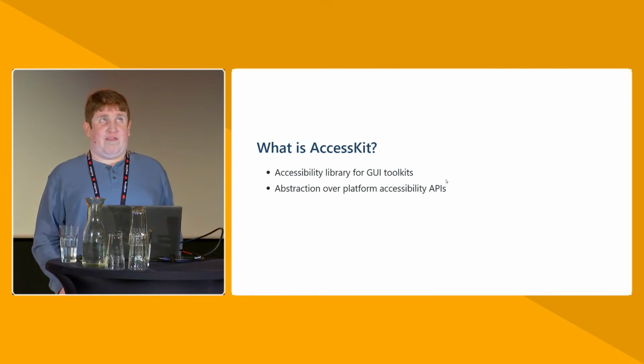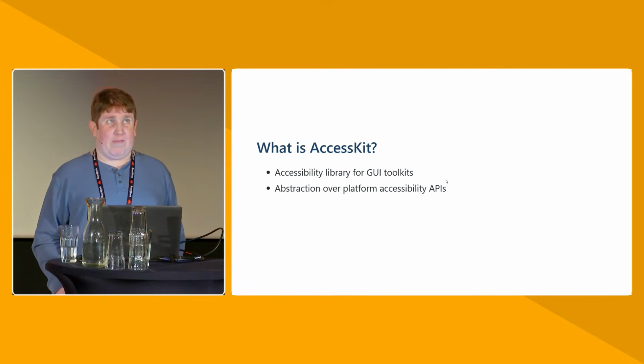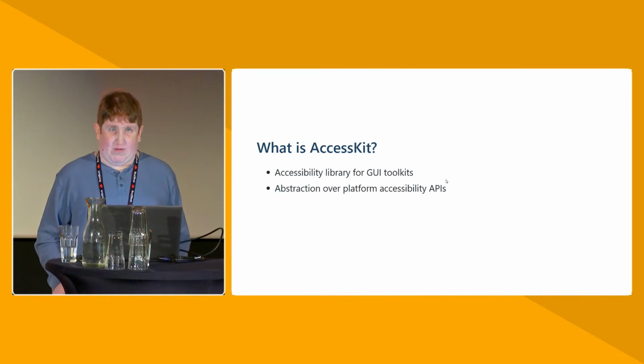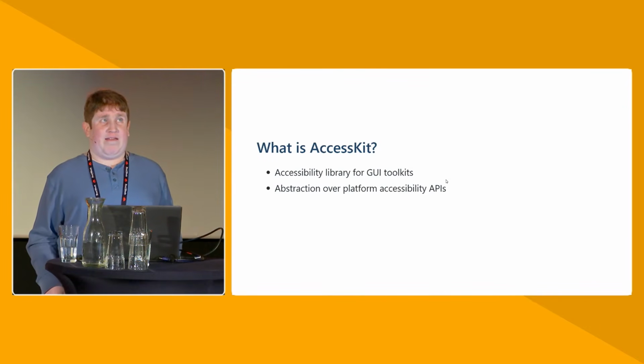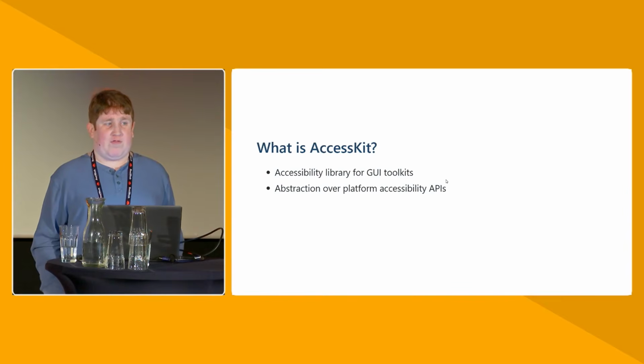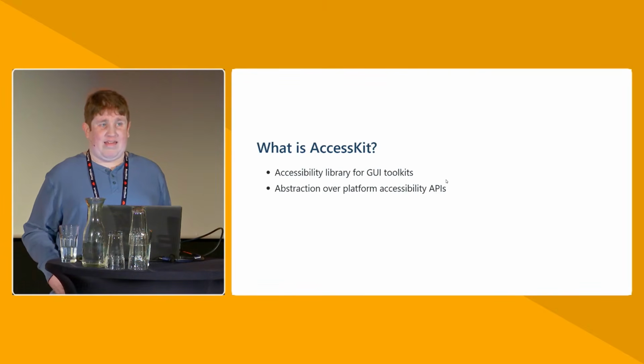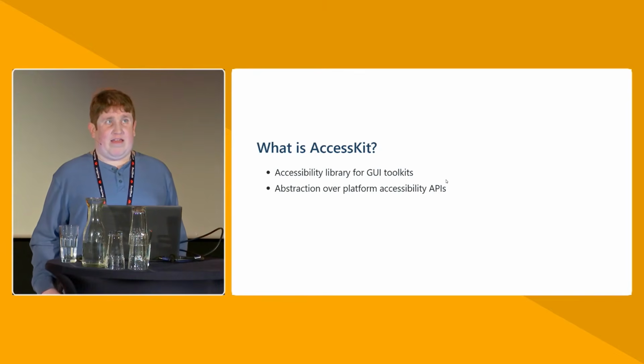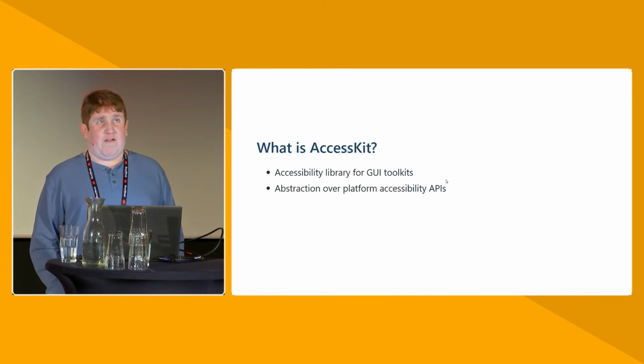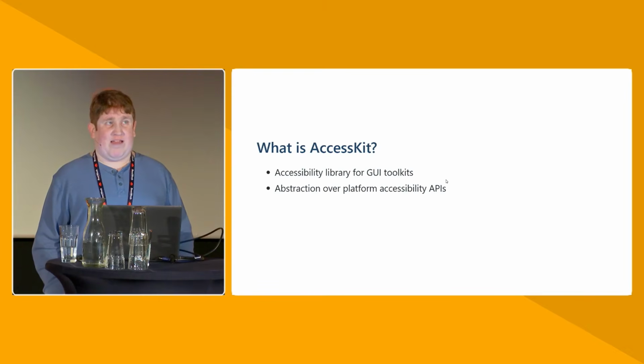AccessKit aims to eliminate for the toolkit developer a lot of the incidental complexity of implementing accessibility from scratch. And it does so by providing a cross-platform abstraction over the various platform-specific accessibility APIs. These APIs tend to rely on fairly esoteric platform-specific technologies or specific programming languages.